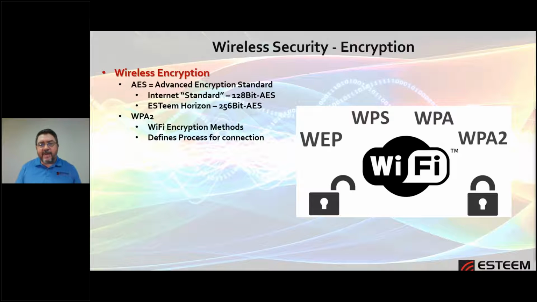The biggest thing to understand is that this sets a model so that everybody does it the same way, with the process for connection, verification, and disconnection on the system. That's really what these standards do. They set it up so that everybody performs the same task the same way.